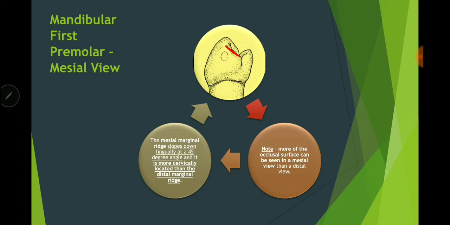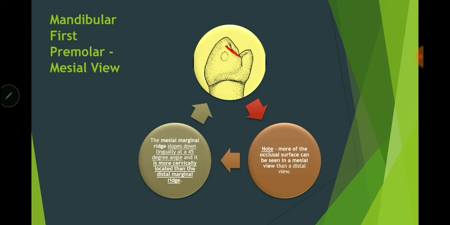So this is different. Remember when I was reviewing the previous lectures, we said that according to the curve of Spee, the mesial contact, or mesial marginal ridge, is usually a little bit higher than the distal marginal ridge.